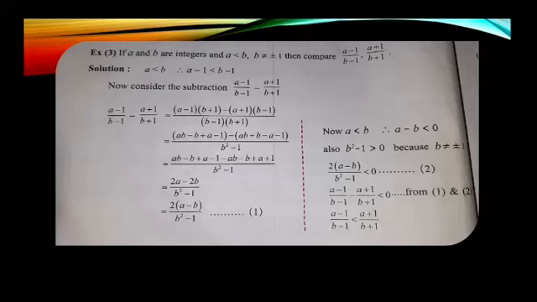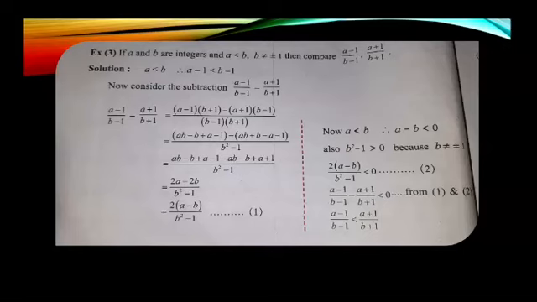Also, b square minus 1 is greater than 0, because it is given that b is not equal to plus or minus 1. Therefore, 2 into (a minus b) upon b square minus 1 is less than 0. That means 0 is greater than that. Let us give that equation 2.